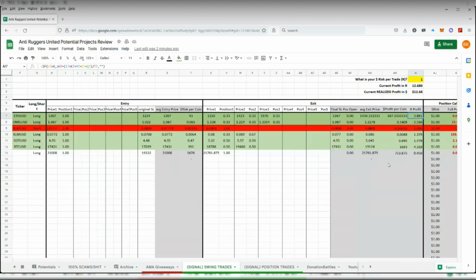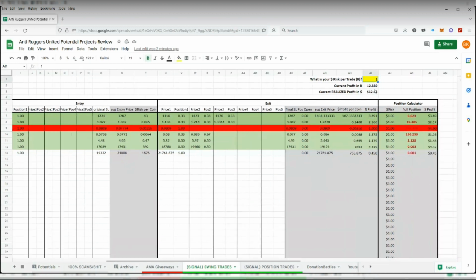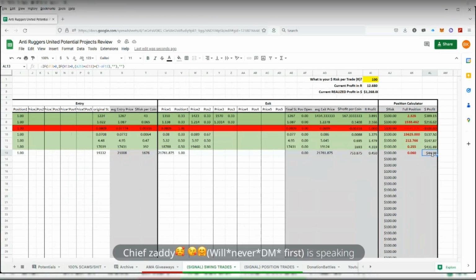I made $400 here. If you look at it in dollar value, if you risk $100 per trade, let's put $100 in here. $100 per trade. This signal, assuming it hit every single profit target, would have only made you $44. Damn.